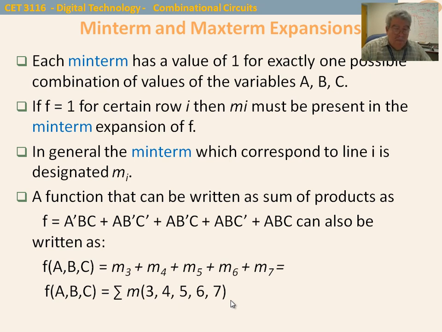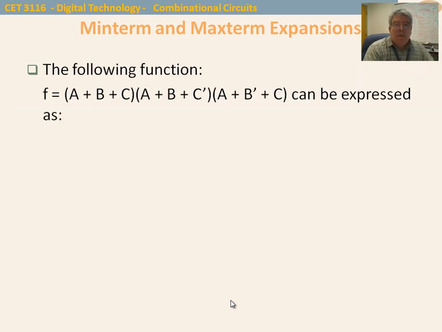Same thing for the maxterm. Okay, maxterm corresponds to the zeros. In this case, I can express that. Remember, in the table of maxterm and minterm, this corresponds to the maxterm given in capital M as 0. This is 0, 0, 1. This is M1, and this is the 0, 1, 0, which is the 2.